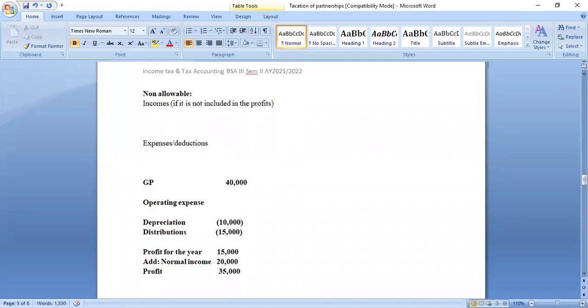Okay, I'm saying that in this gross income there is an income that they have not recognized yet.